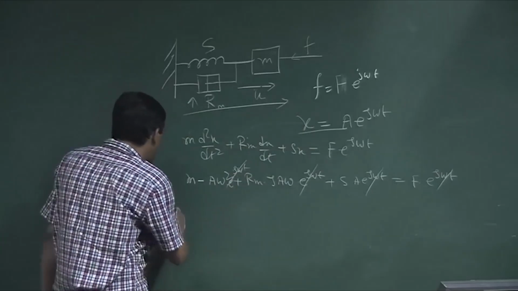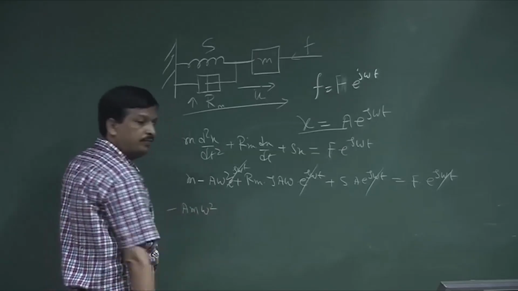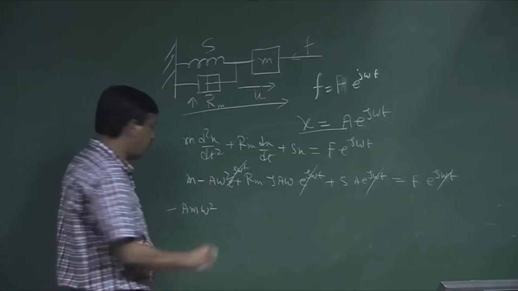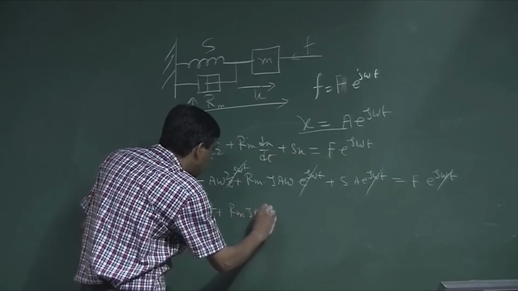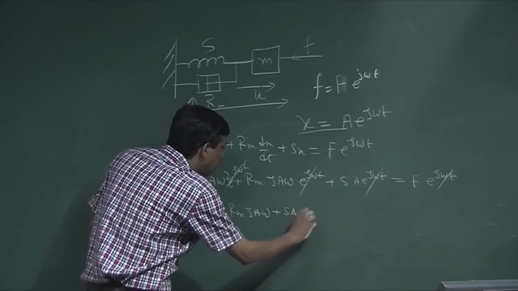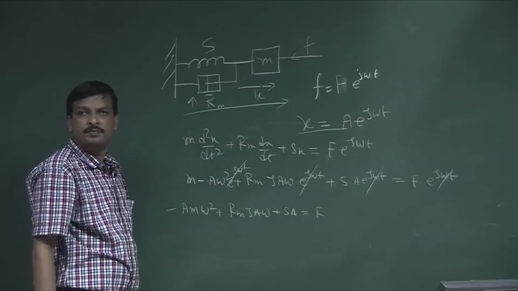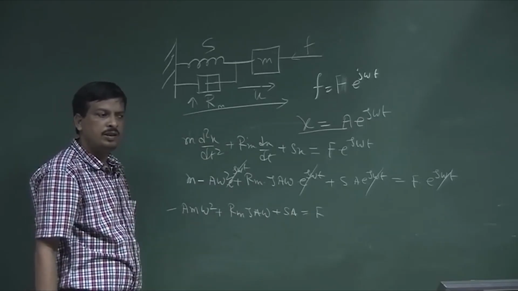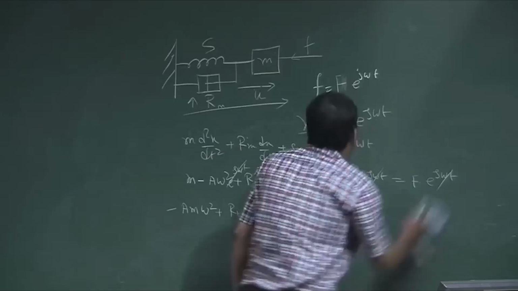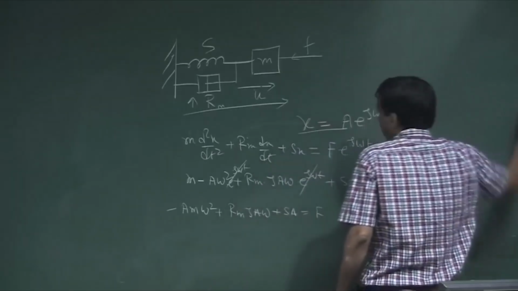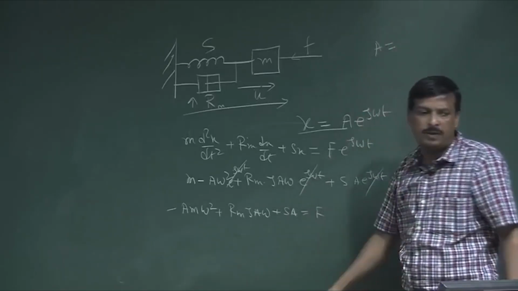All are there. So it is minus m omega square plus j r m omega plus s, equal to f. So, what is the value of a?